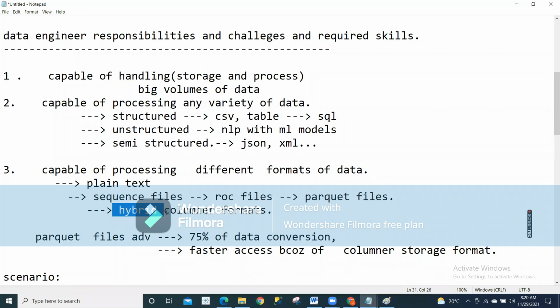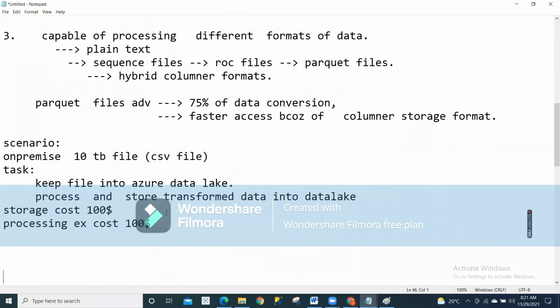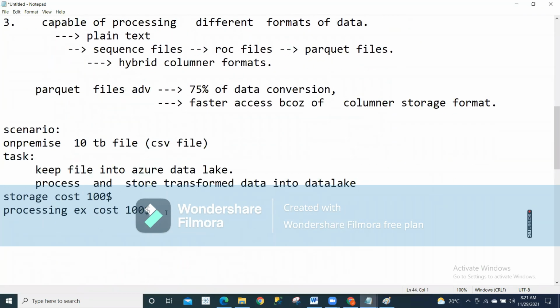Got it. Already Snowflake and other modern data warehouses have implemented hybrid columnar formats of storage internally. Definitely Azure has to adopt it. AWS has to adopt it because of its advantages and its competition. Got it. So these are the third important things, and the fourth one.